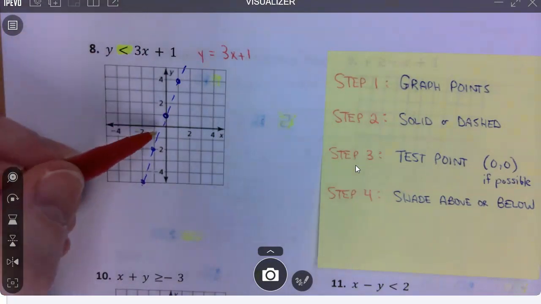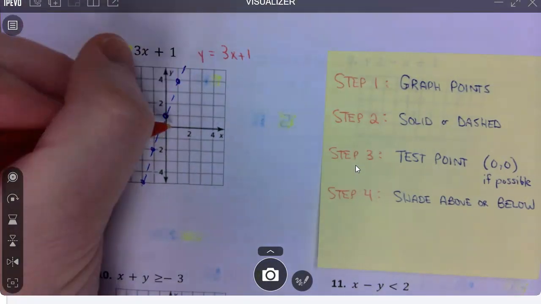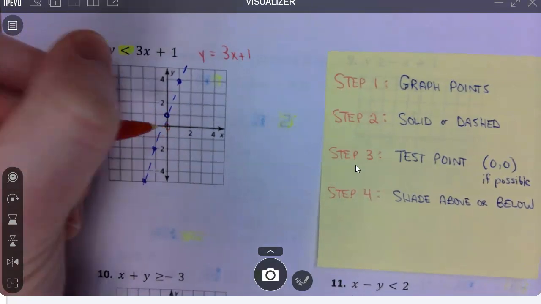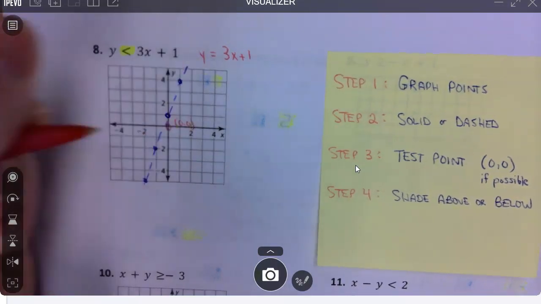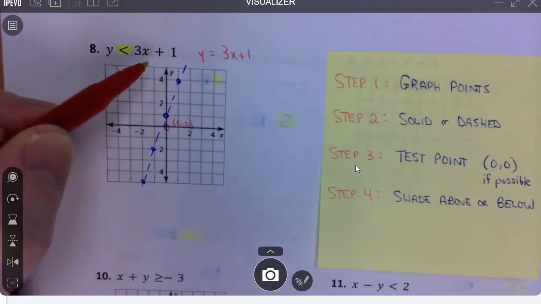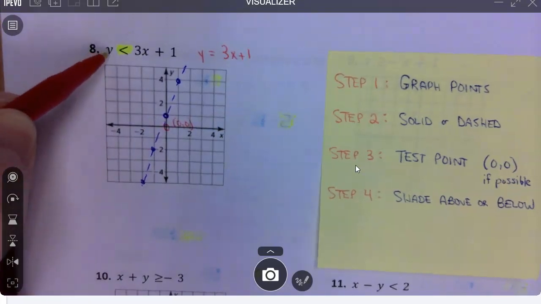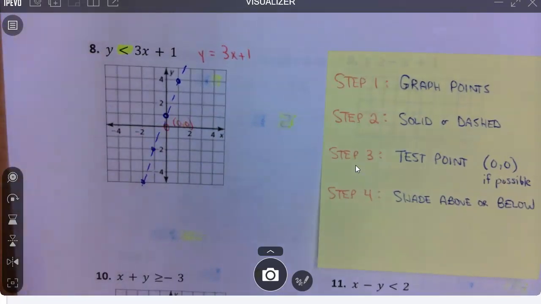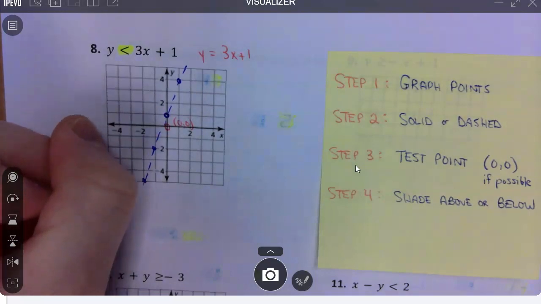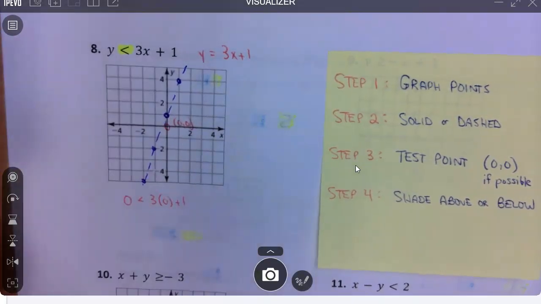And the next thing I need to do is test a point. Well, 0, 0 is not on the line. It's super close, but it's not. And because it's not, I can still use it to test. So from this inequality right here, I'm going to make the x 0, and I'm going to make the y 0 and see if it makes it true. So is 0 less than 3 times 0 plus 1?